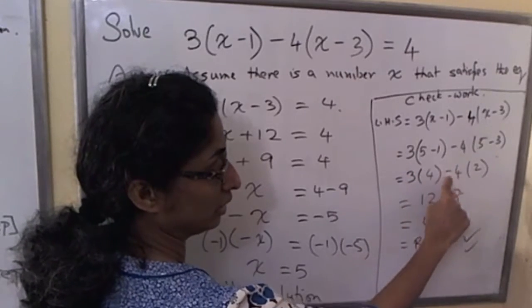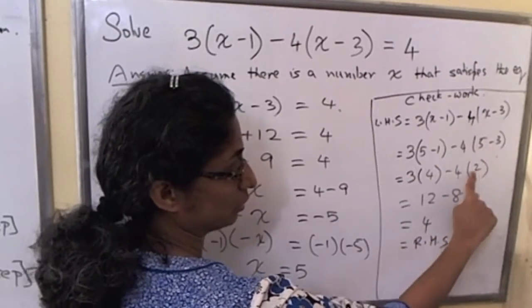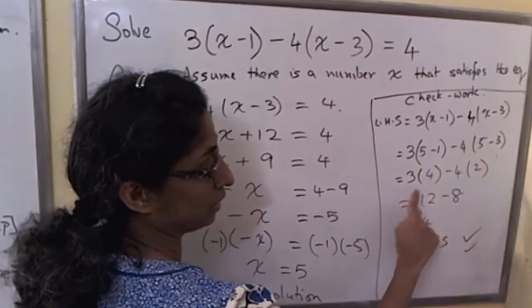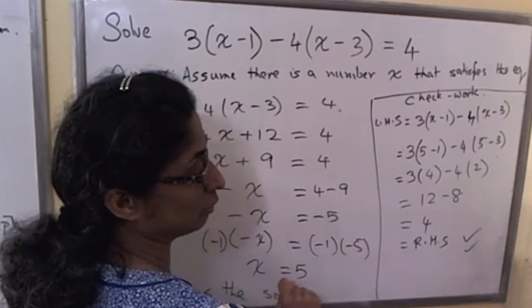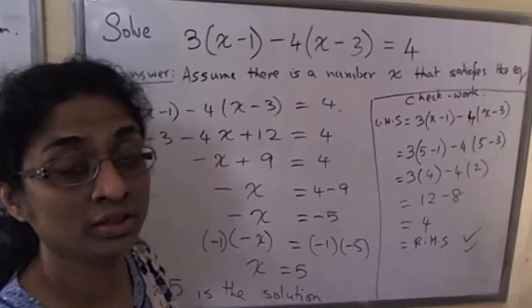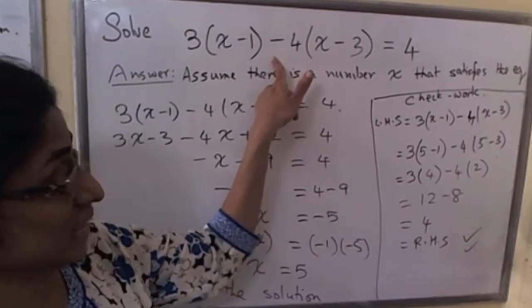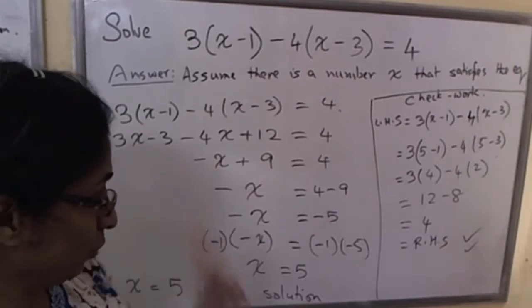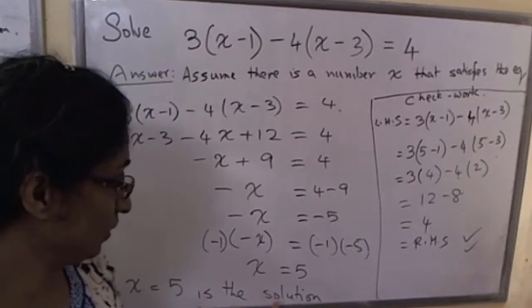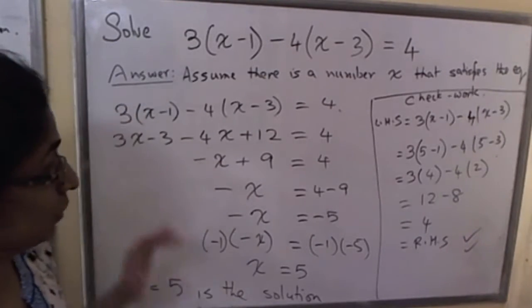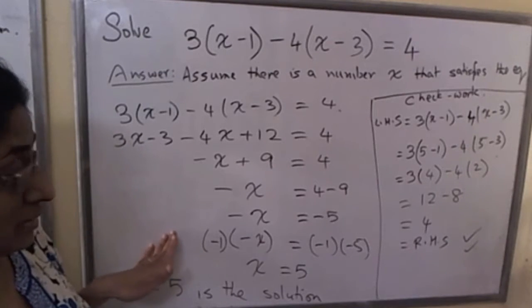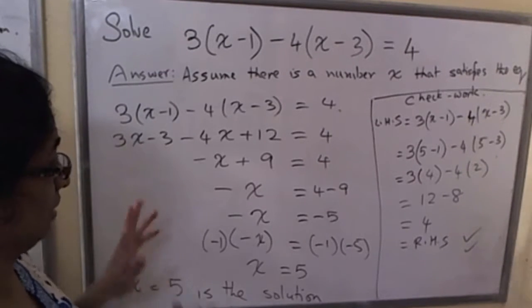Write it that way. Negative 4 times 5 minus 3, I replace it by 2. Now carry it out and you get 4, which is exactly here. So x equals 5 does satisfy the equation, and now we can conclude x equals 5 is the solution.